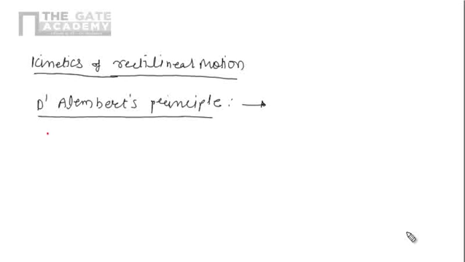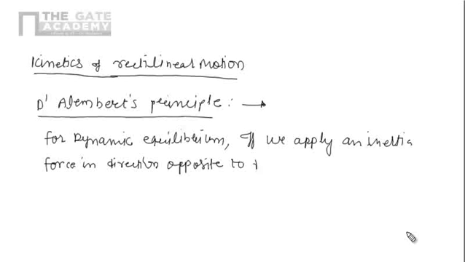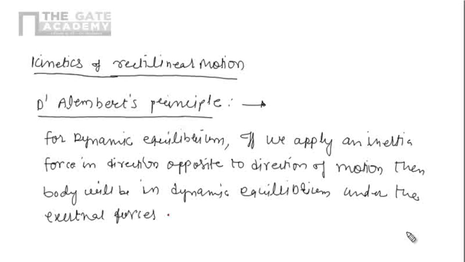According to D'Alembert, for dynamic equilibrium, if we apply an inertia force in a direction opposite to the direction of motion, then the body will be in dynamic equilibrium under the external forces as well as inertia.